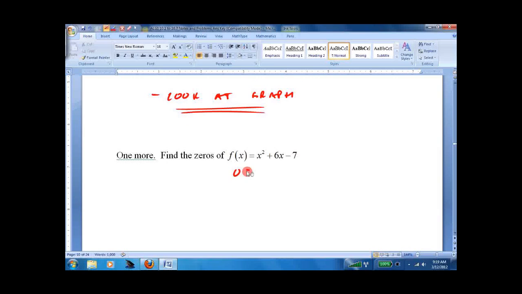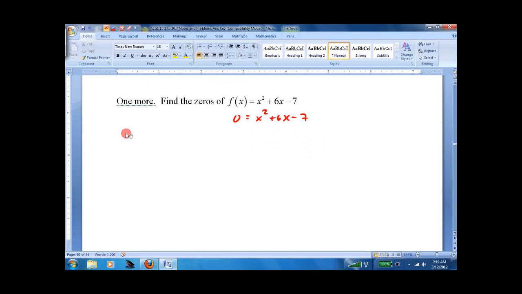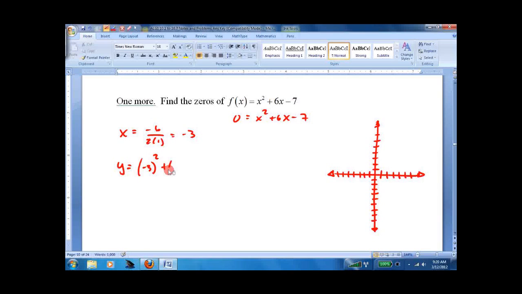Find the zeros. I'm going to do my work over here. So, 1, 2, 3.